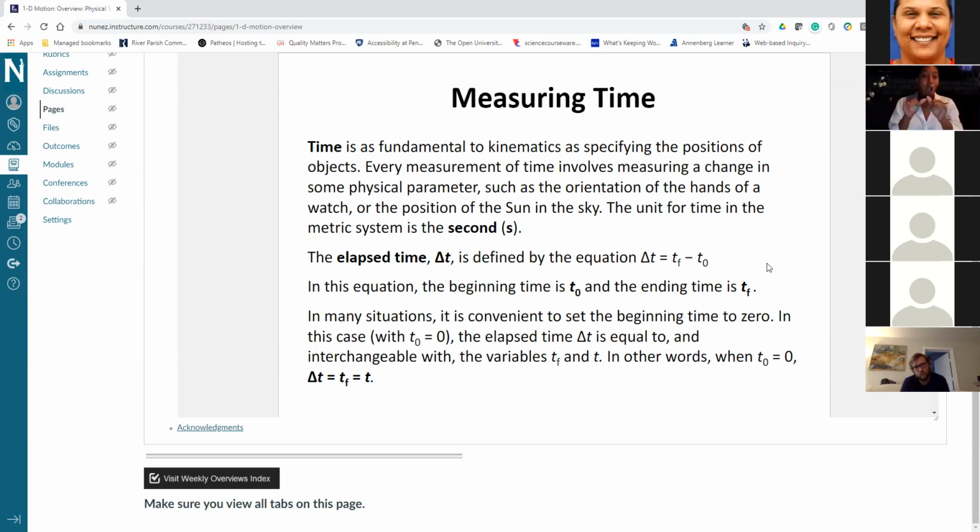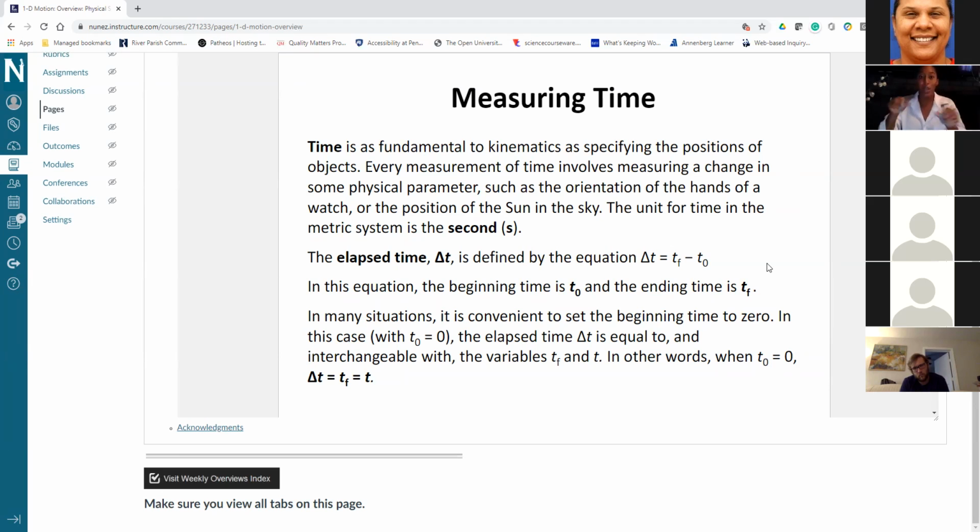For example, if the object's position is changing, we want to know how long it took to go from this point to wherever it stopped. So marking time is important. And the unit in the metric system for time is the second.